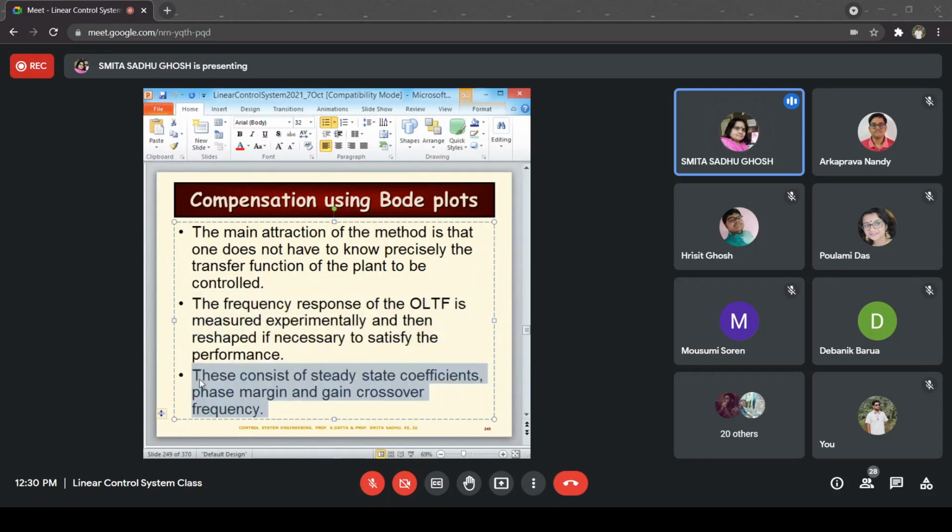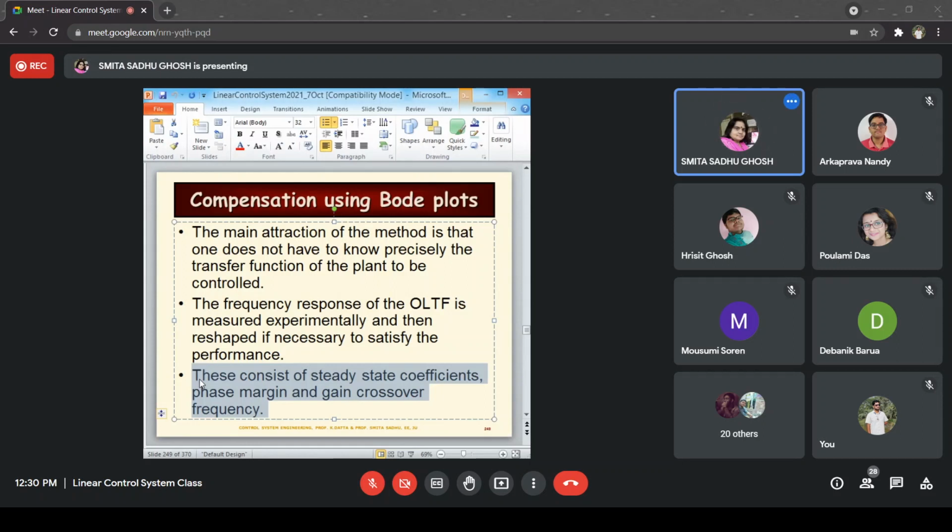Now, the performance criteria that we would be trying to meet by this method, using Bode plots, are as follows. The steady state error coefficients may be specified, the phase margin or the gain margin could be specified, and the gain crossover frequency and the phase crossover frequency may be specified.